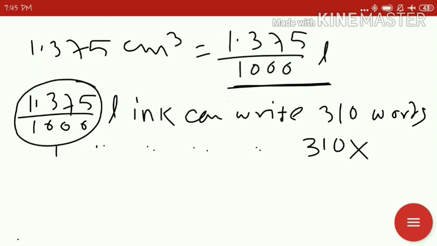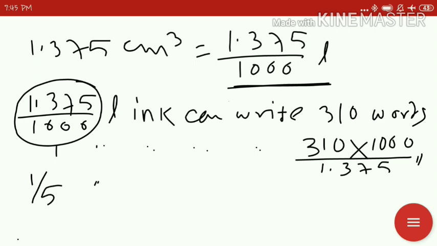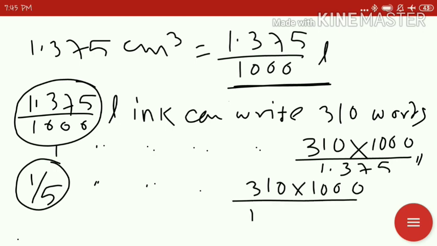That means 1000 will come above, 1.375 will come to the denominator, and now we need to find 1/5 liter of ink. It will be multiplied, that means 310 into 1000 by 1.375 into 1 by 5 words.